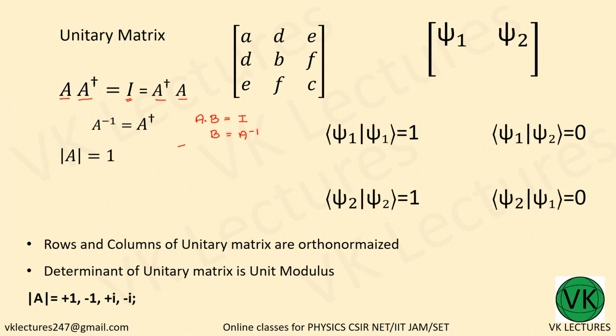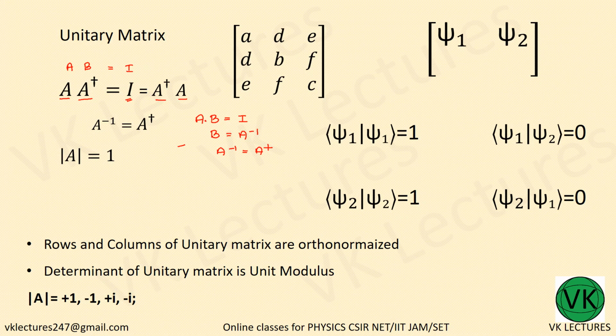Similarly, if you put A into B equal to I here, this is A, this is B, and this is equal to I, which implies B equals A dagger, that is, A inverse is equal to A dagger.